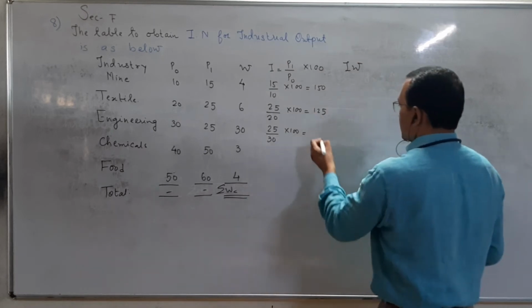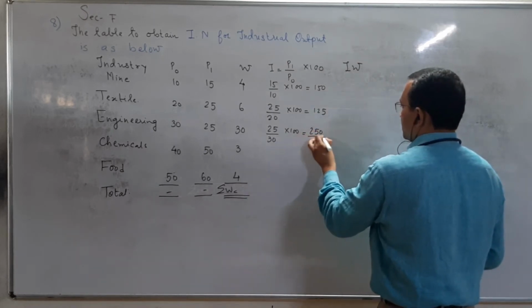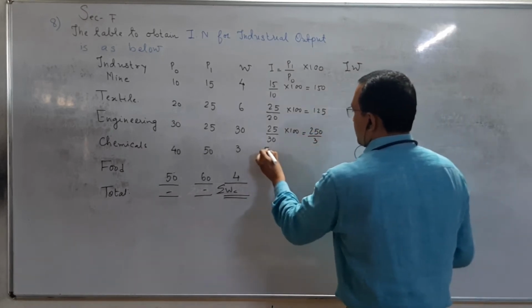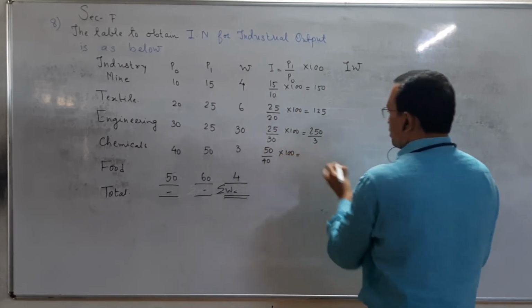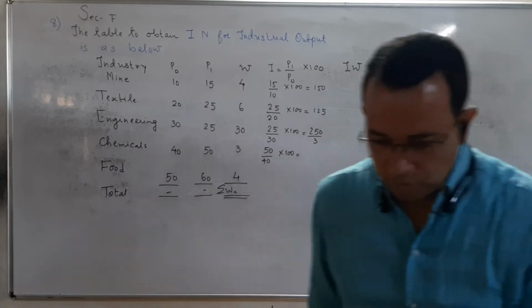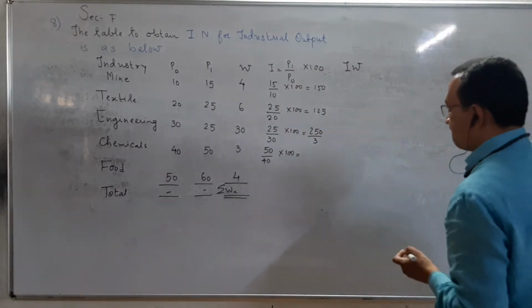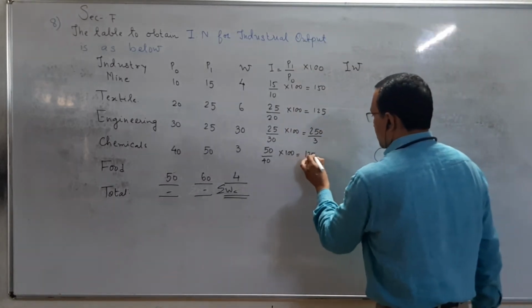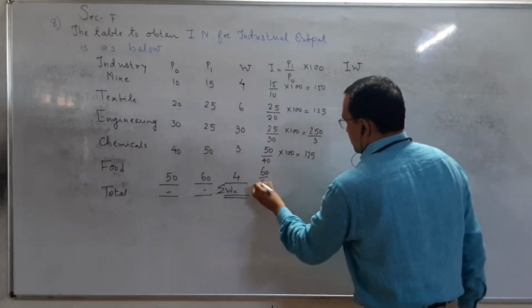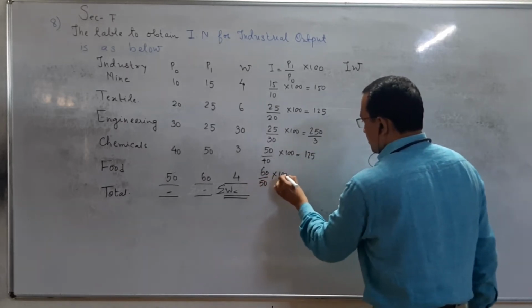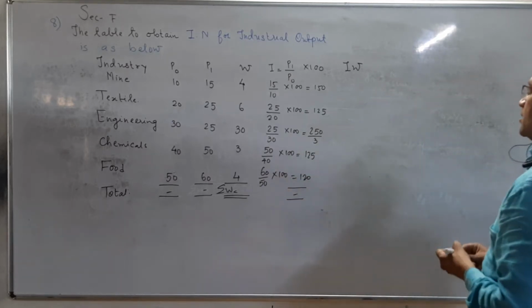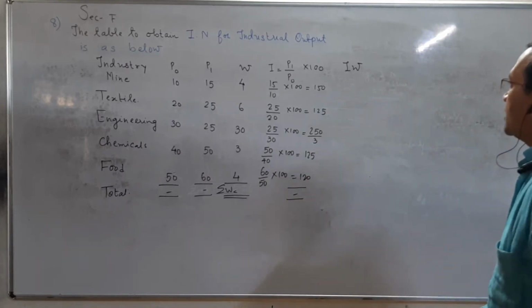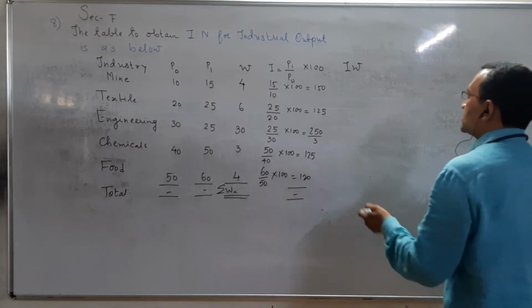Okay, let us keep this as it is. Then 50 upon 40 into 100, so this works out to be 125. And the last, 60 upon 50 into 100, so 120. Now IW: 150 into 4, so this is 600.